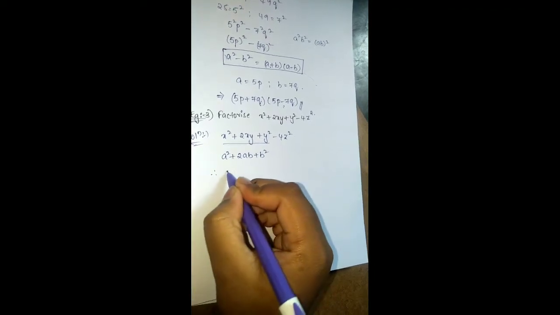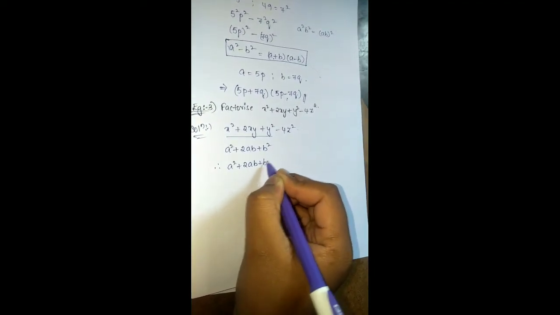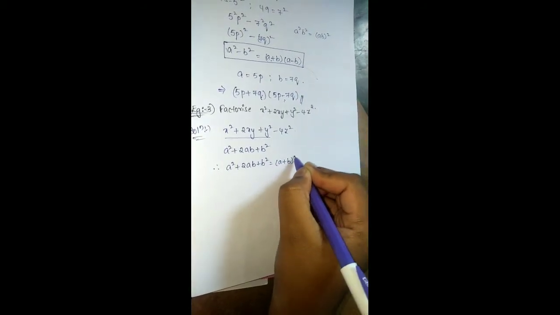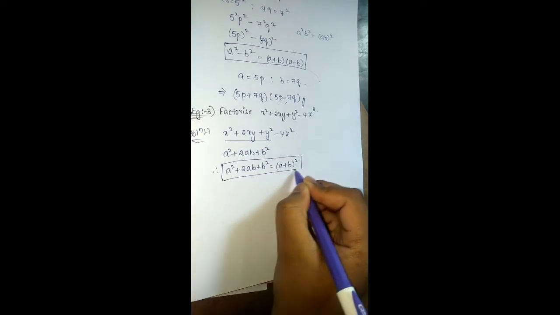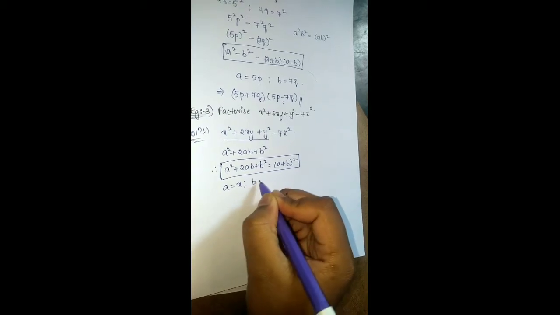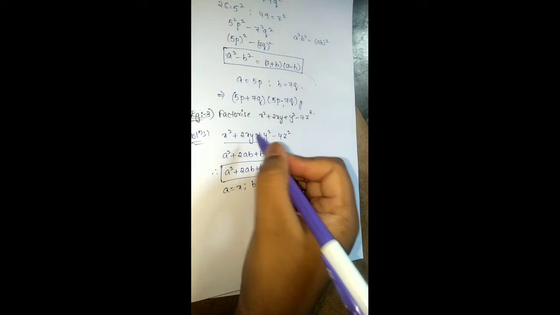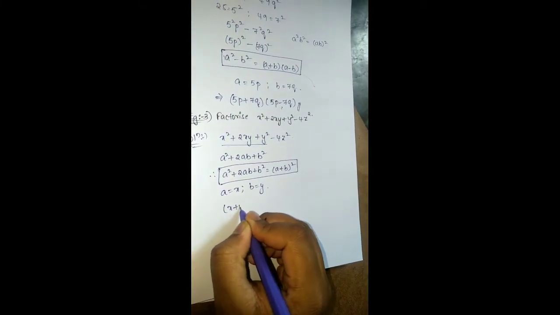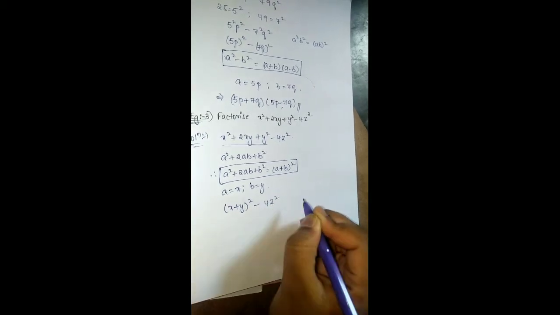The formula for a square plus 2ab plus b square equals (a plus b) whole square. So here a equals x, b equals y. Let's substitute in this formula. Then we have (x plus y) whole square minus 4z square.